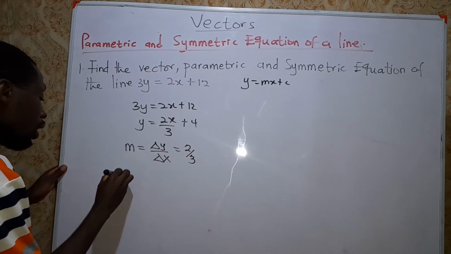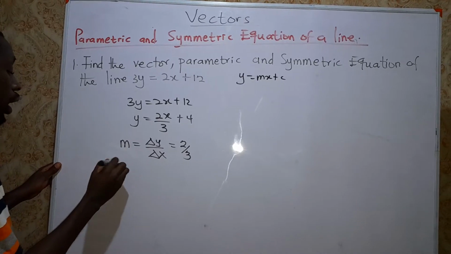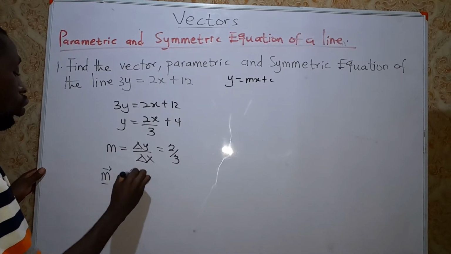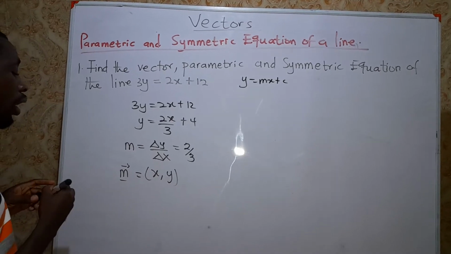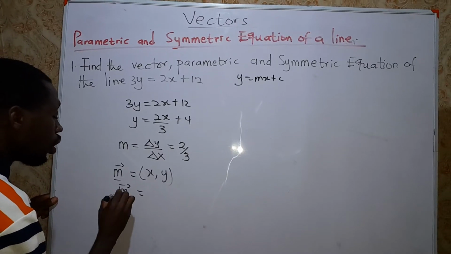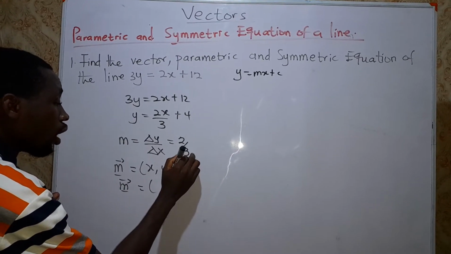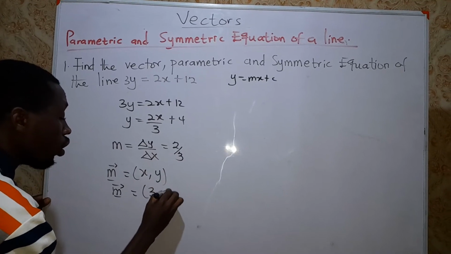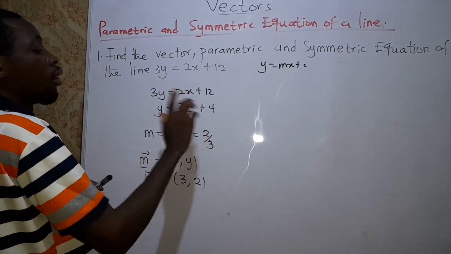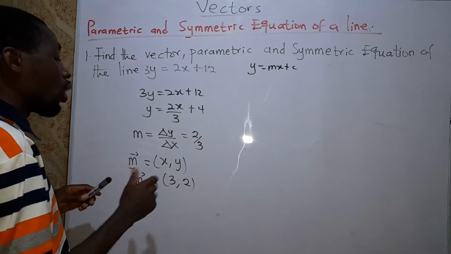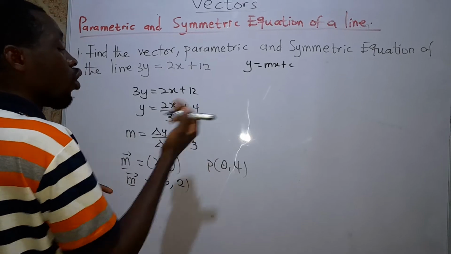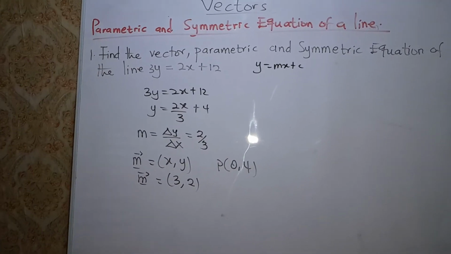Then the directional vector, you know, in vectors we write x before y, so this is x and that's y. So we have (3, 2). Also, for the intercept of the y-axis, x is 0. So the intercept point, let's say P, will be (0, 4), since the 4 is the intercept of the y-axis.